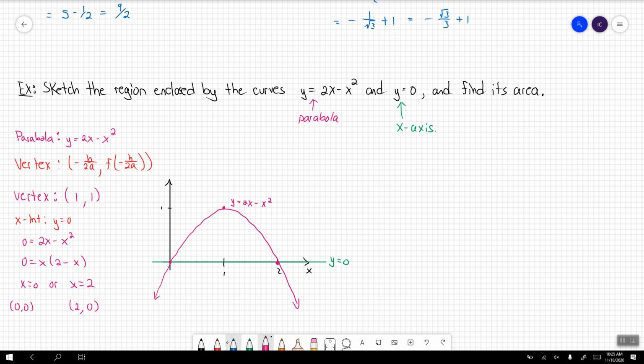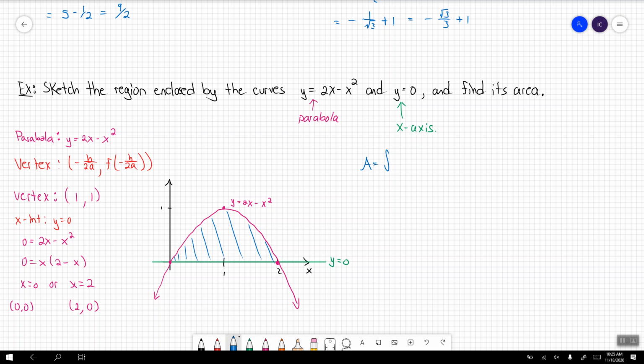The area that's bounded by these two curves is the area right in here. In other words, we want to find that area. So as we go through and we want to find that area, we know that setting up the integral to find that area, well, we need some integral bounds.